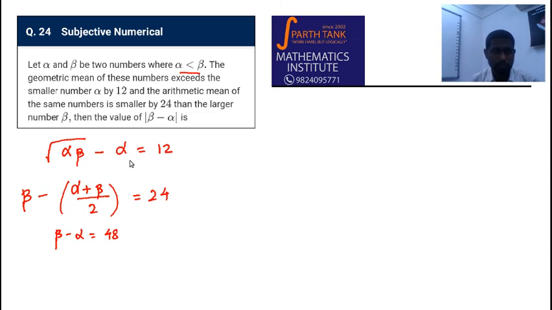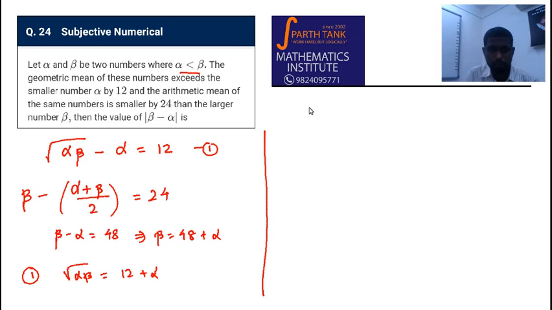So we have two equations and we just have to solve for alpha and beta. So the first equation gives us beta is 48 plus alpha, and if I take equation 1 and rewrite it like this, root alpha beta is 12 plus alpha, right? So squaring on both sides, alpha beta is 144 plus 24 alpha plus alpha squared, and substitute beta is 48 plus alpha here.